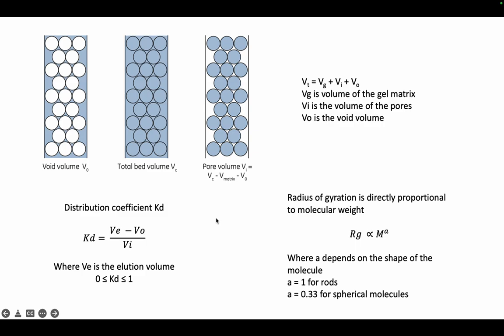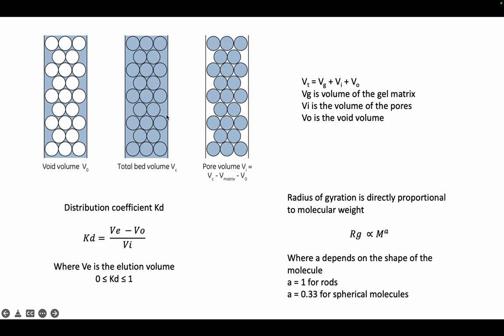A couple of concepts related to size exclusion chromatography, or specifically some terms that are used quite often. Obviously there is the total volume of the column. The full column volume is just the entire volume which is occupied like this. But you can see that all these spheres are part of the solid phase, and they are not completely filling the space in the column.